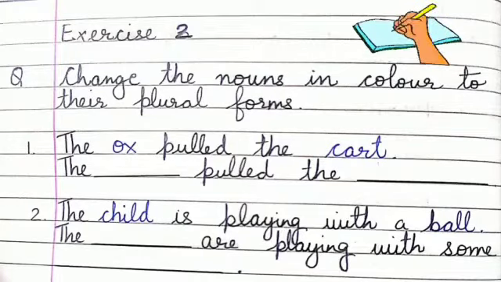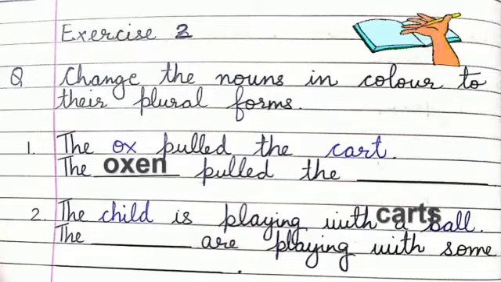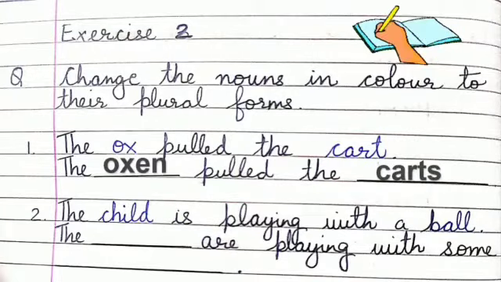Children, exercise number 2. Change the nouns in color to their plural form. Number 1 is: the ox pulled the cart. So children, over here the singular nouns are ox and cart. The plural form of ox is oxen and cart is carts. So the answer will be: the oxen pulled the carts.